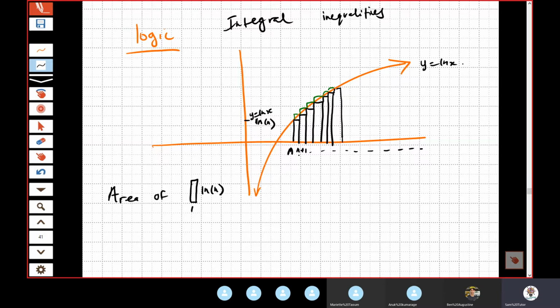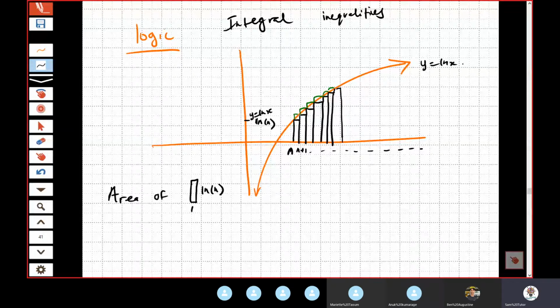Yeah. So what would the height be for this next rectangle? What would the height of the next rectangle be? Anouk, any ideas? Not really. Well, where is it touching the orange curve?